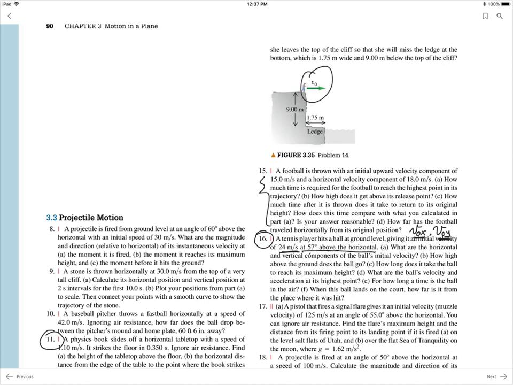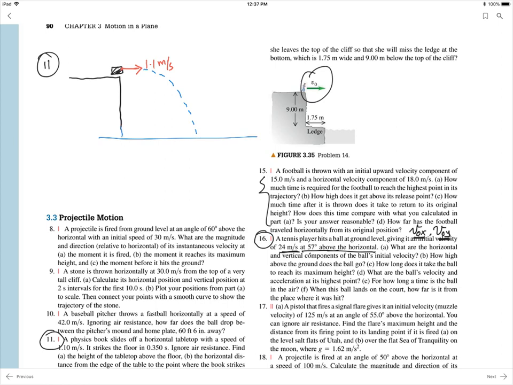Let me quickly set up the problem. There's a table, and a book slides off the table with horizontal velocity 1.1 meters per second, and the trajectory it traces would look something like that.